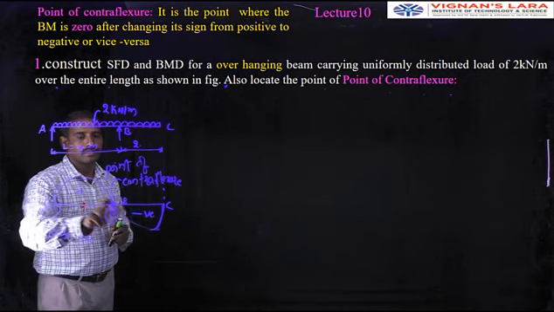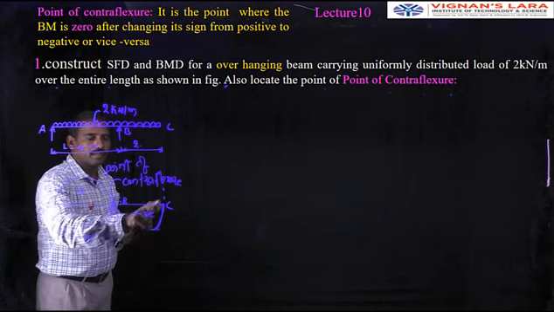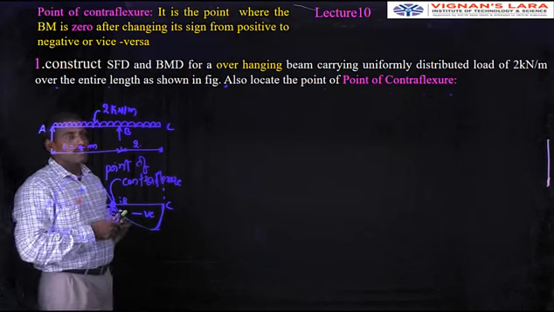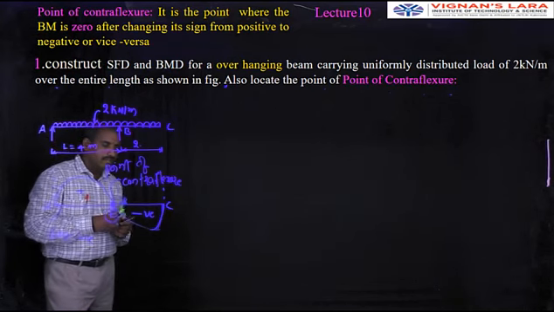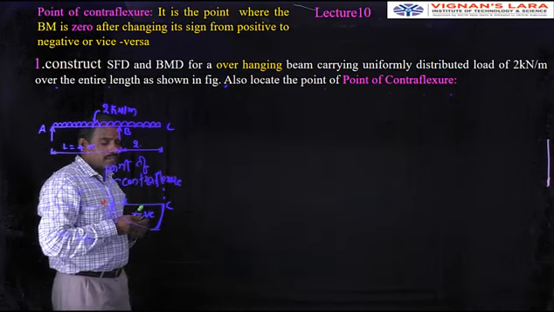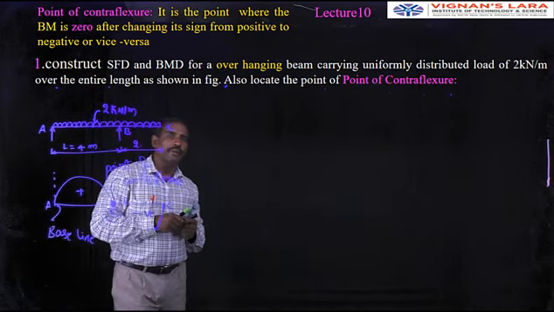So from positive to negative or negative to positive, whatever it may be, this point is called the point of contraflexure. Then let us study one problem and consider one example.